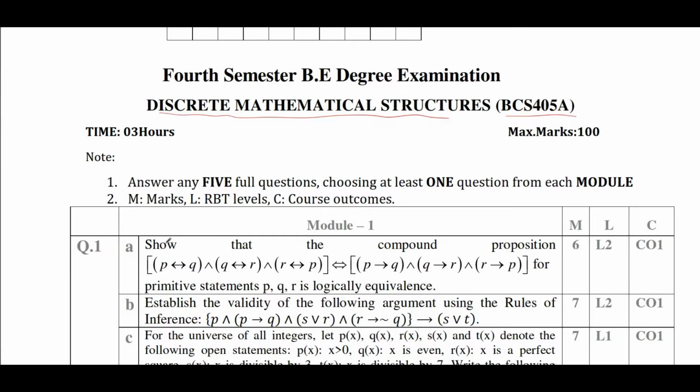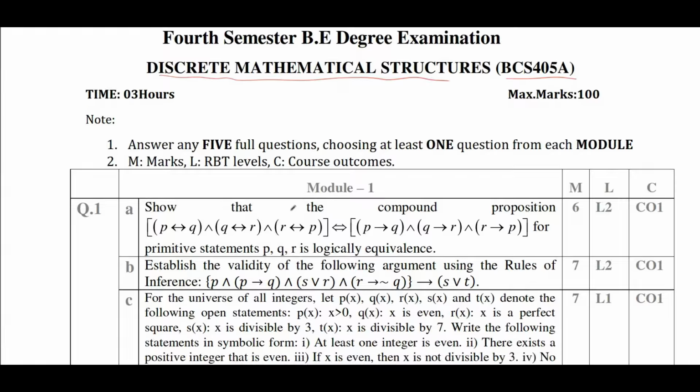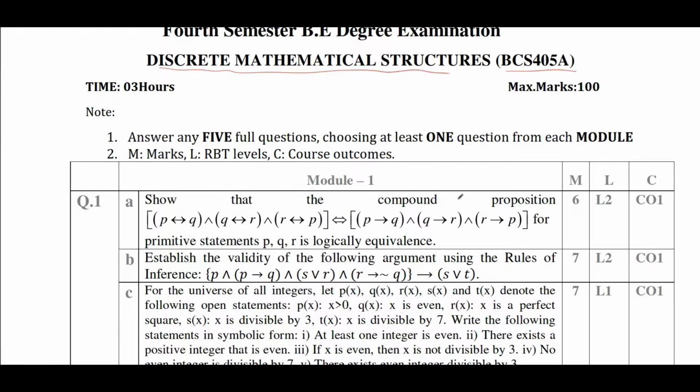So in module 1, question 1A, you can observe that they have been asked to show that the compound proposition, given for primitive statements P, Q, R, is logically equivalent. So we need to prove that the given compound proposition, I can name this as left hand side and this is right hand side, these two are logically equivalent.